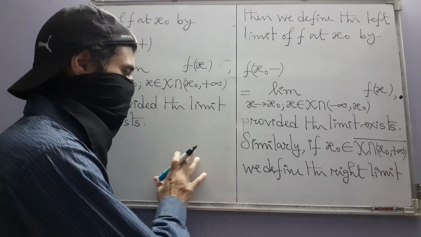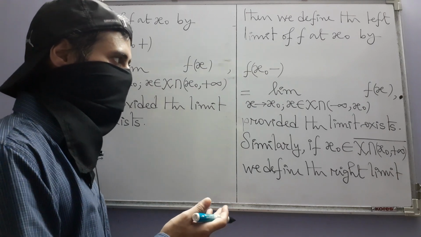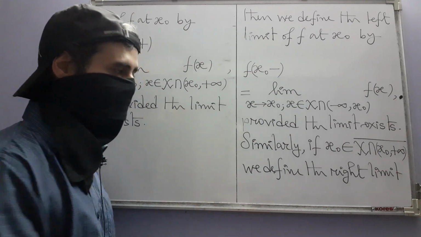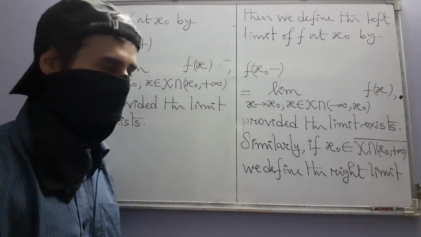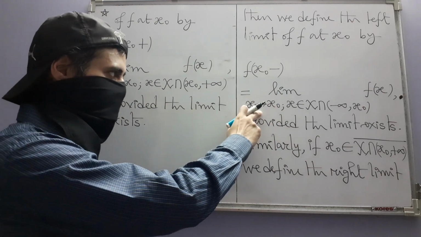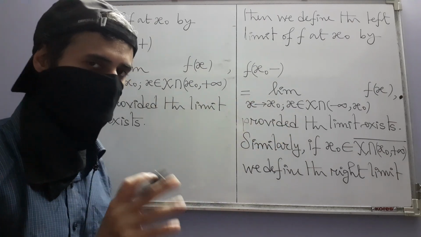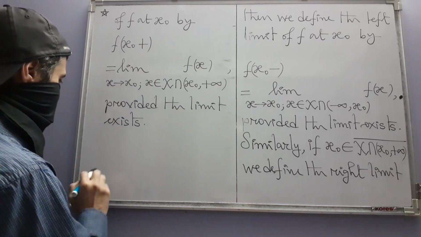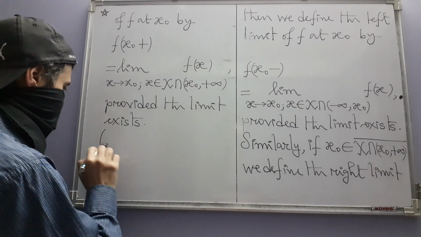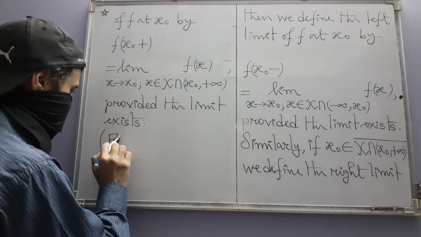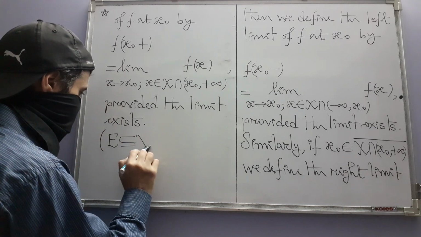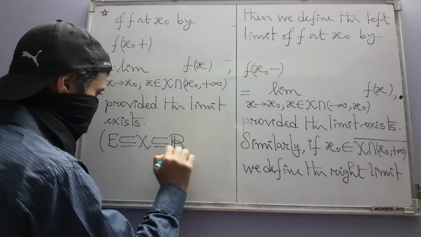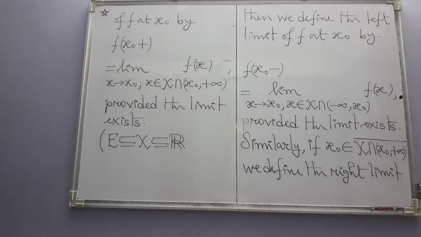Now let us briefly go back to the definition of limits in general, and let's see how this is a special case of that itself. We can of course see that because these are after all limits, but let's again go back to that definition. What was the actual definition? In that definition, we had a subset E of X, which itself is a subset of the set of real numbers.